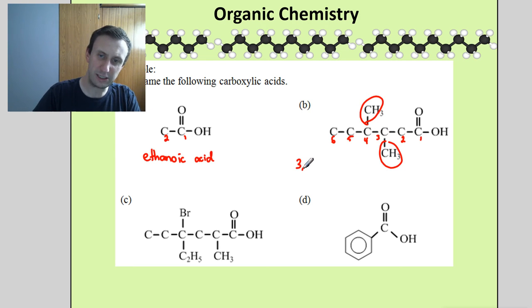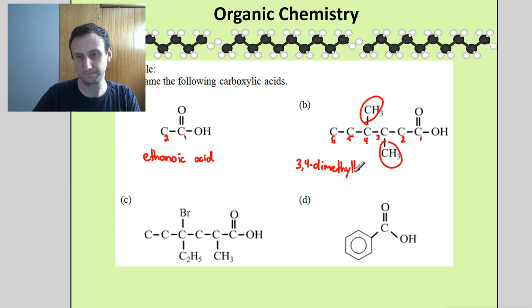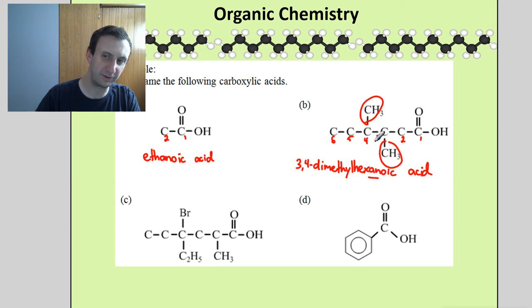So I have 3,4-dimethylhexanoic acid. So again, the AN is because I have all single bonds here, right? And then I have the oic acid because of that carboxyl group. And now I'm done, I'm set.